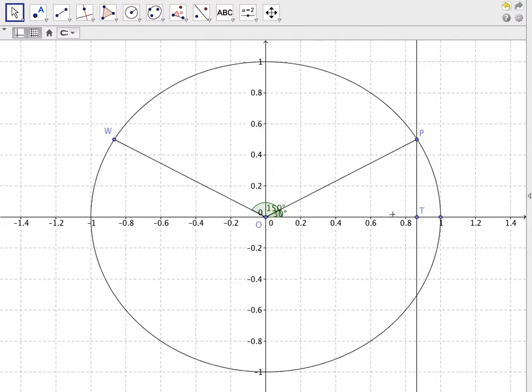From the positive x-axis all the way to OW, that's 150 degrees.